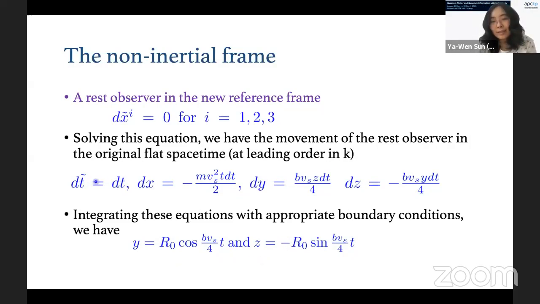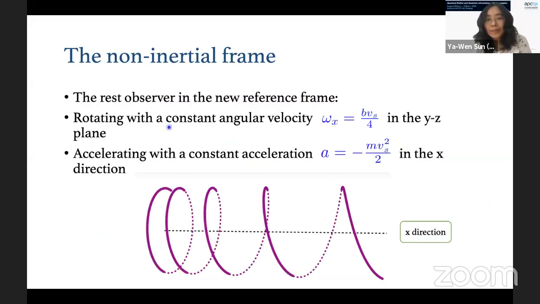And also, because at order k, these b and m are of order k, this means that they are moving in a non-relativistic limit, very slow motion. So here is a figure showing this non-inertial reference frame.